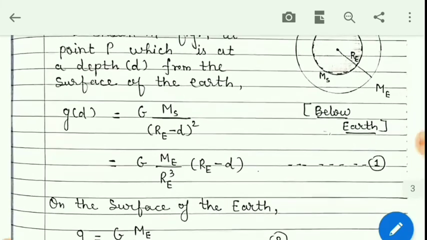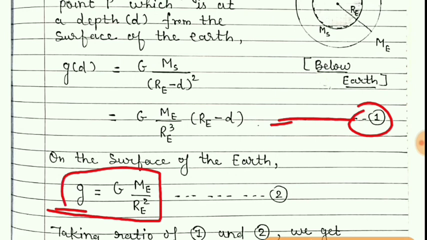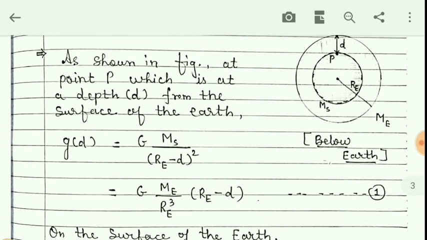Now let us give this equation number 1. Now we will compare this equation with the acceleration due to gravity on the earth's surface, equation number 2. This is the acceleration due to gravity on the earth, which we have done for the height also.